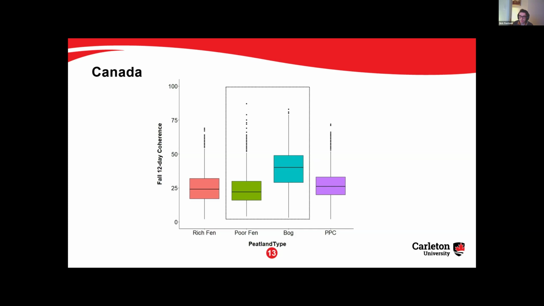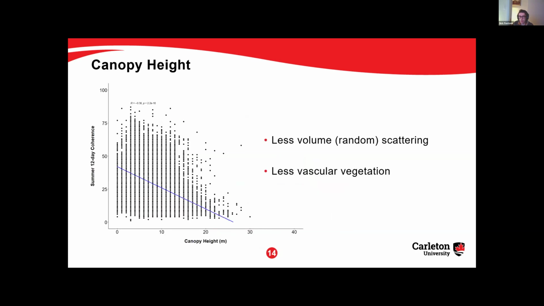control on backscatter. And this is sort of confirmed looking at canopy height. This is not the prettiest scatter plot just because both of these data sets are integers, so it forms this grid. But there is a moderate negative relationship.